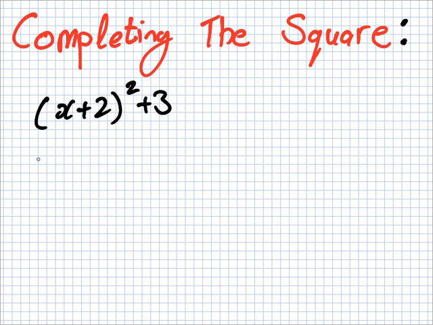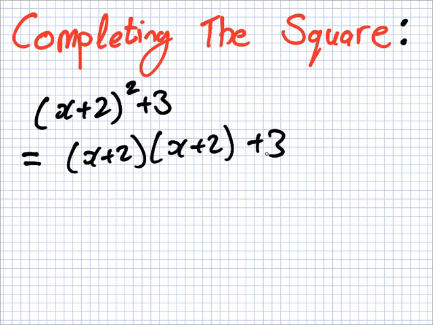Well, you would expand. So this would be x plus 2 times x plus 2 plus 3. Because a squared is a times a, so x plus 2 squared is x plus 2 times x plus 2.